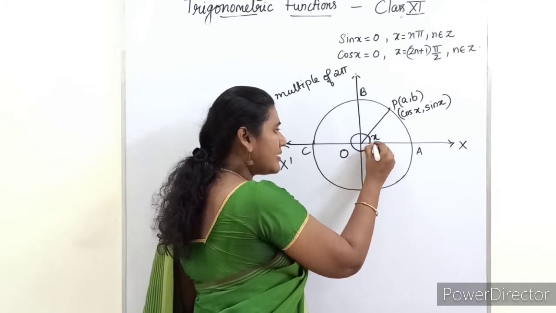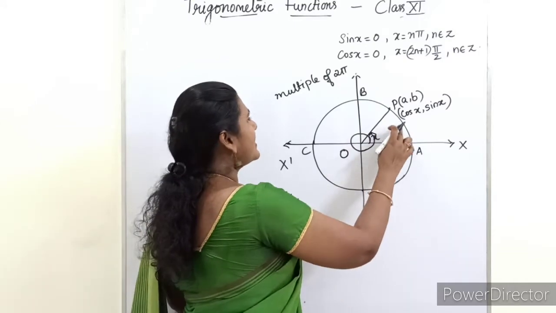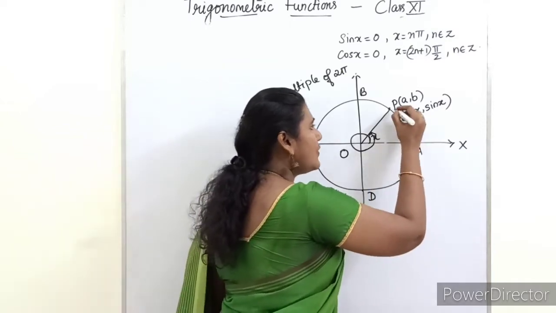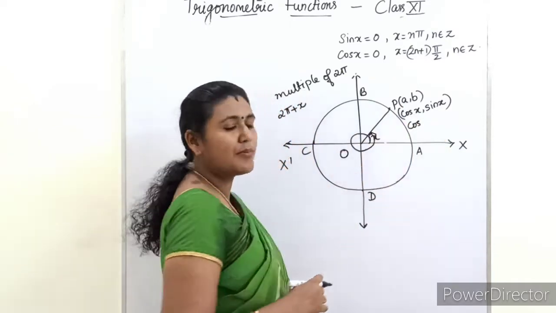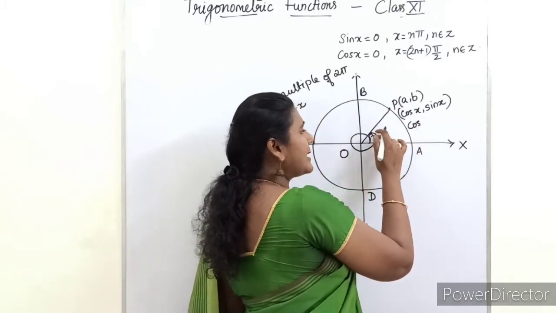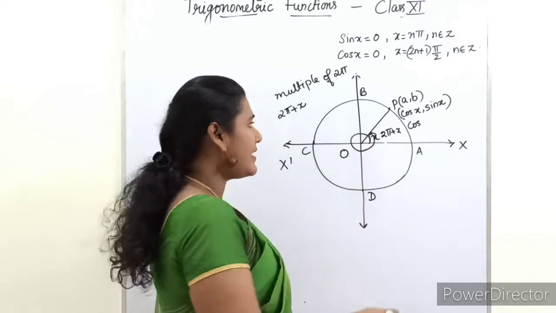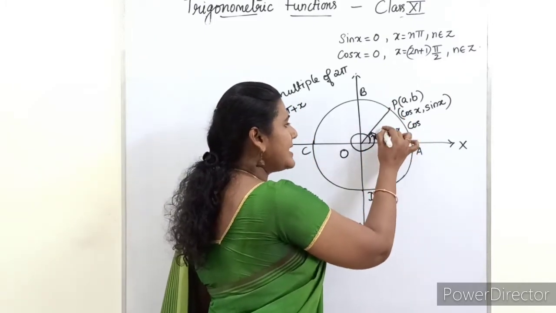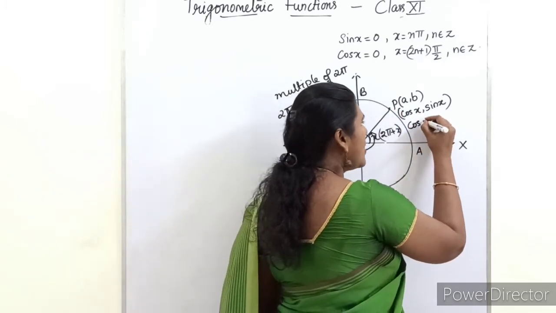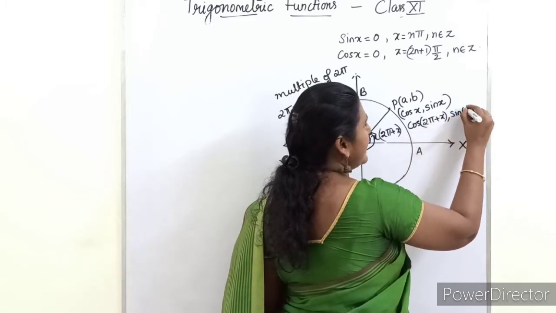Again, if it goes here, it will reach the same point P. That is, if it completes a multiple of 2 pi, that is 2 pi plus x, it reaches the same point, and the angle is 2 pi plus x. Then we can write the coordinate of the point as cos 2 pi plus x comma sin 2 pi plus x.